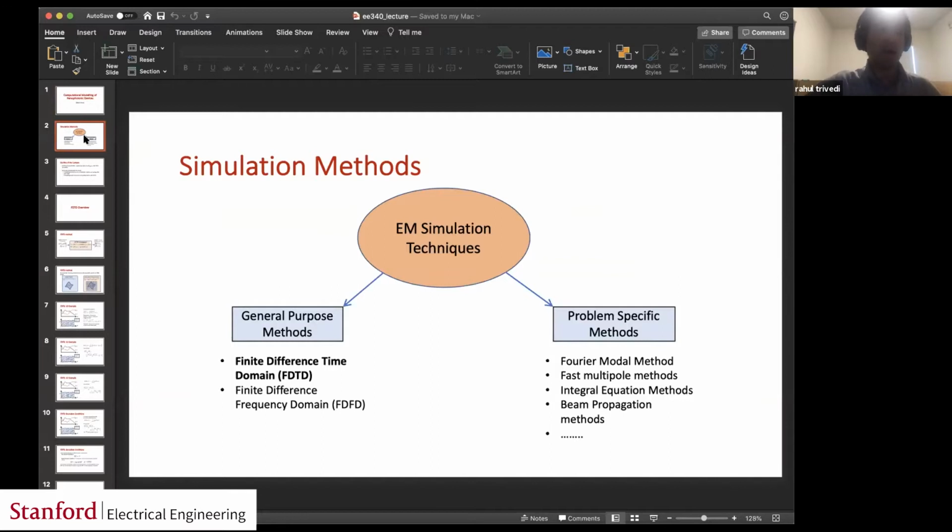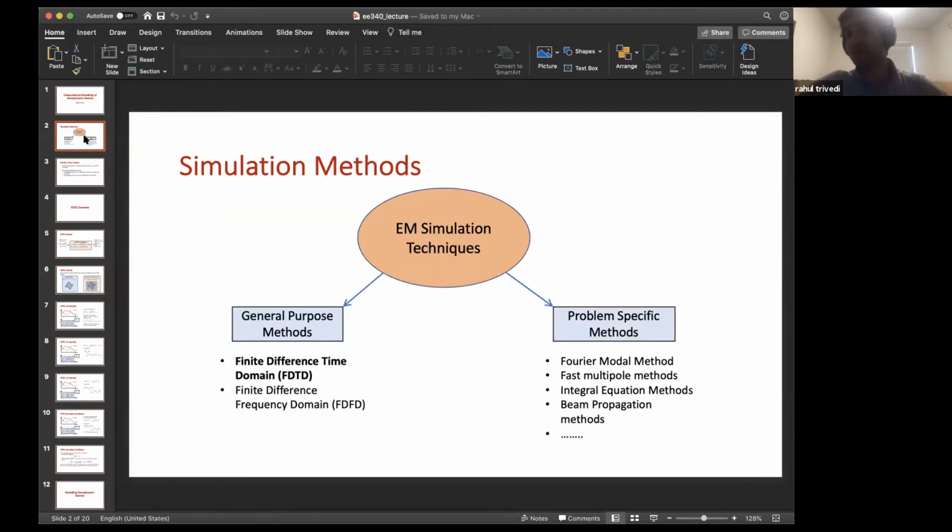In fact, for the longest time, the people simulating electromagnetic devices used to be microwave engineers, people who would design RF circuits, and people from the spectroscopy and remote sensing communities. So a lot of different communities have been doing electromagnetic simulations in a variety of contexts. And then, of course, the photonics community, which is one of the newer ones of all these electromagnetic communities, also uses these techniques.